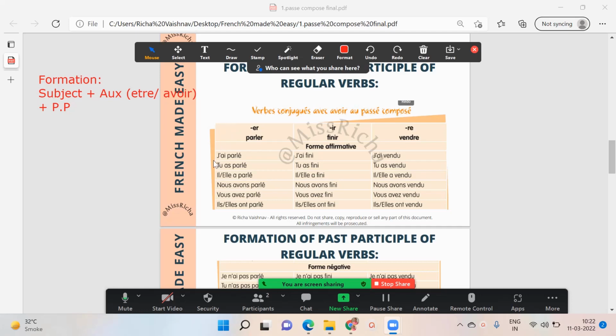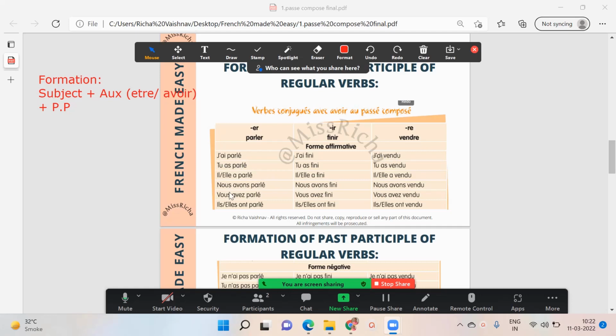But that concept doesn't apply here. Both the translations are the same. So, j'ai parlé is I spoke or I had spoken. J'ai fini is I finished or I had finished. I sold, it'll be the same.